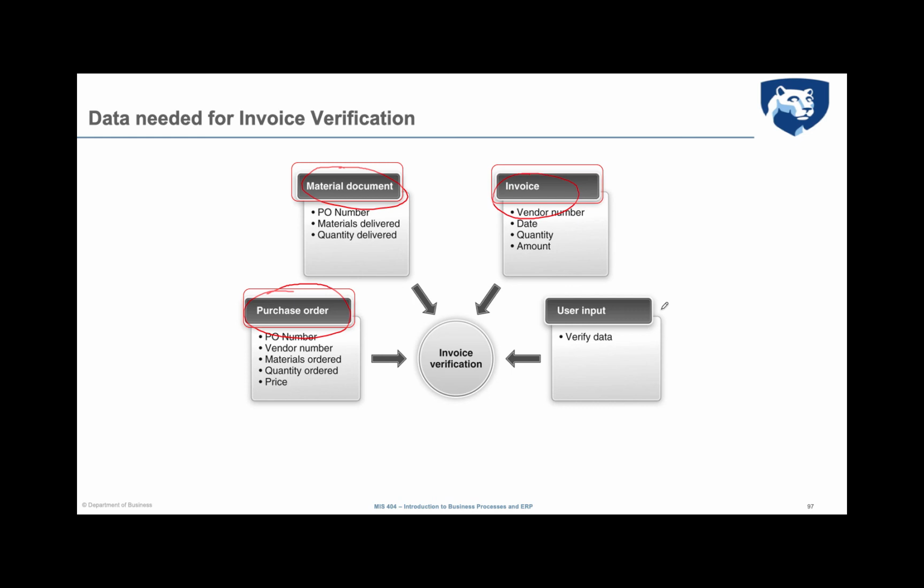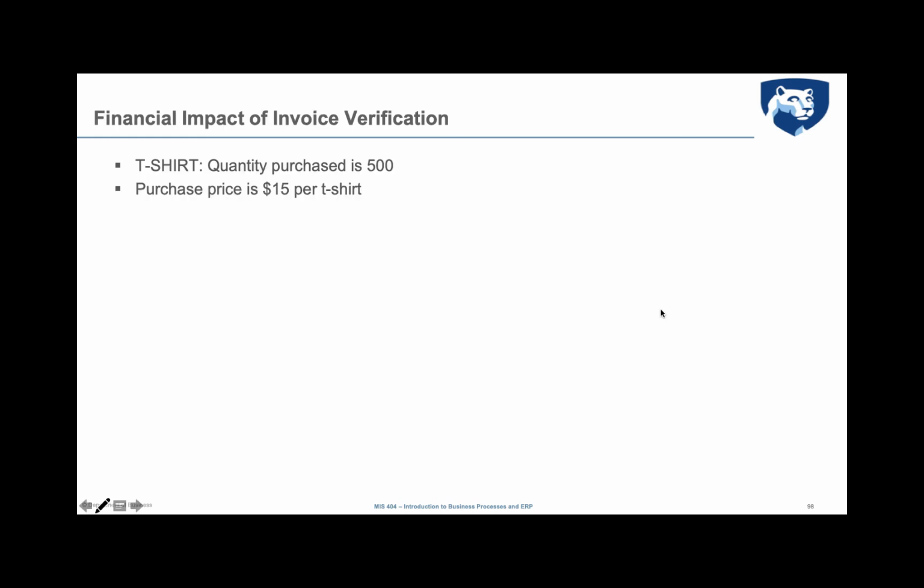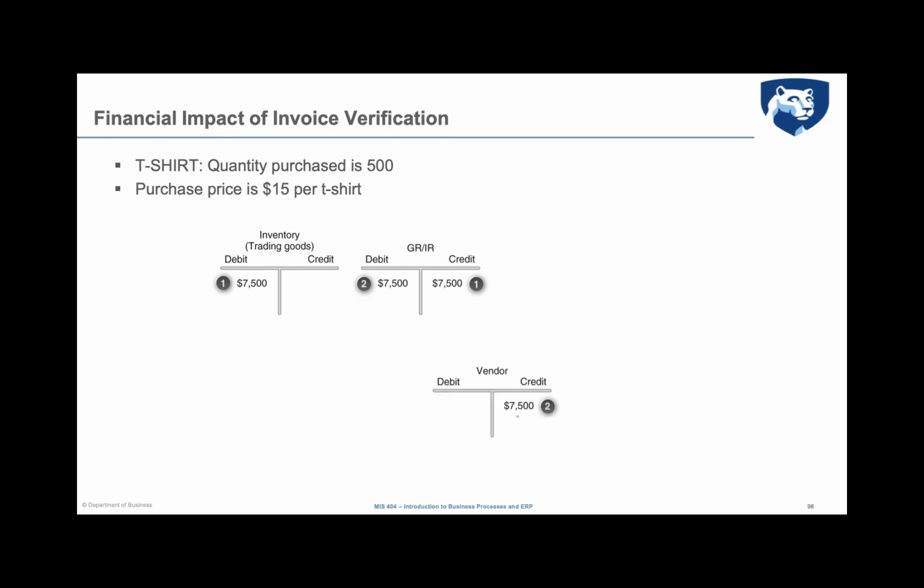Okay, what's happening is that you need to verify the invoice. You have received the invoice for 500 t-shirts purchased, $7,500, which means that from a financial perspective, in the first step, you credited the accounts payable in spite of an increase in debit of an asset. Now, when you receive the invoice, you are going to debit, you are going to decrease the accounts payable by the same amount.